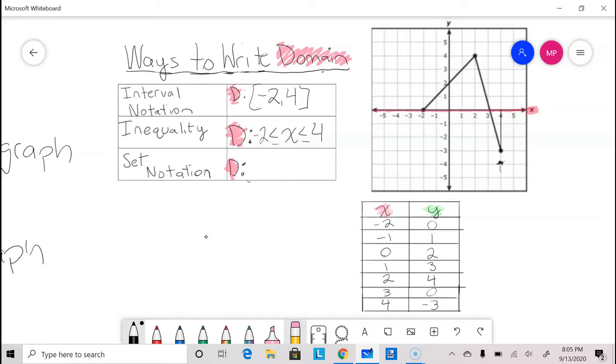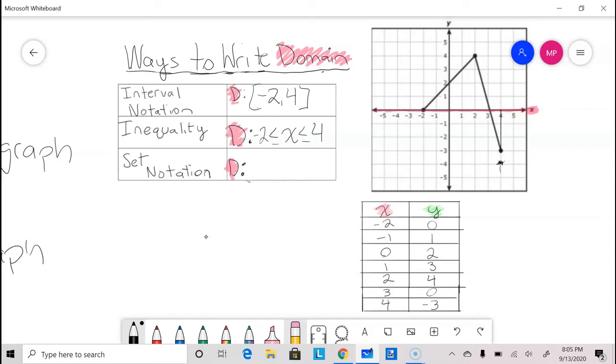Now for our last way of writing out domain, we're going to use set notation. And to help us out with set notation, we're going to take a look at this table. Now you might remember from the last assignment, we did have to find the domain from the x values, and the range from the y values.